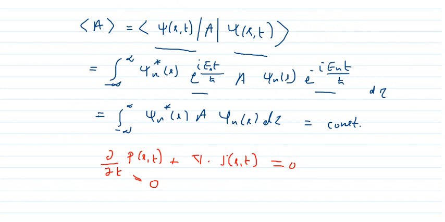Okay, now let us check what is the condition of an expectation value if we have a stationary state. The definition of the expectation value of an operator in general is this one: psi of r comma t, operator, then psi of r comma t.